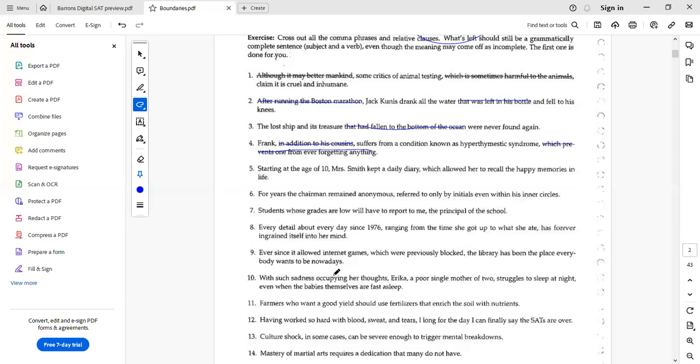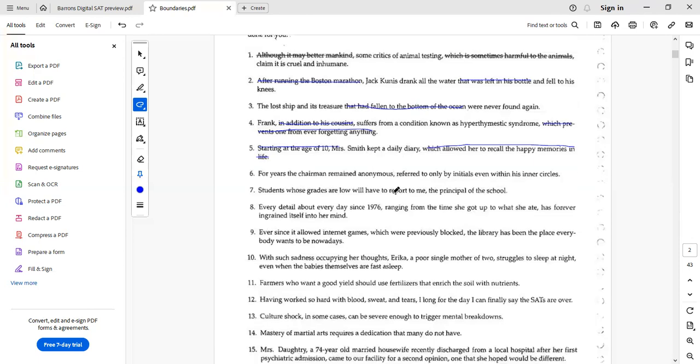Thank you. Number 5, Masa. What are you going to cancel? "Which allowed her to recall the happy memories in her own life." Perfect. This is a relative clause, but there is another one. "Starting at the age of 10." Yes, a modifier. So the main sentence is: Smith kept a daily diary.